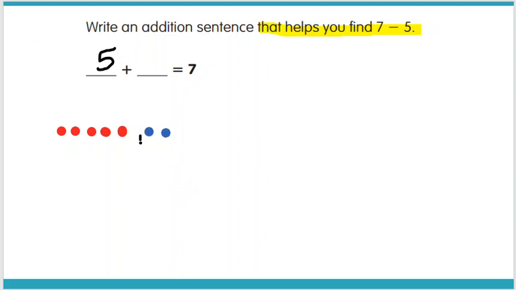I can see right here that this is a group of 2. So 5 plus 2 equals 7 is a possible answer. As you can see, that 2 represents the second portion of that. So let's go ahead and move on to the next problem.